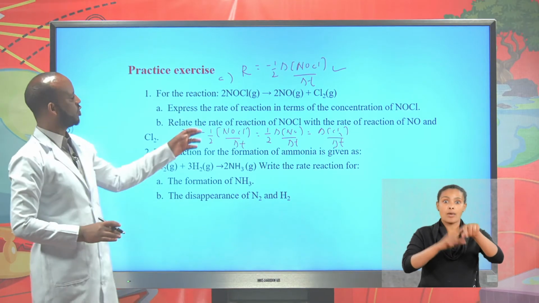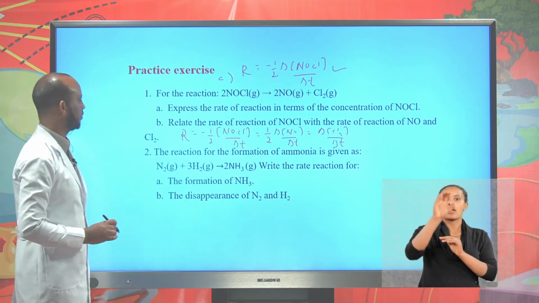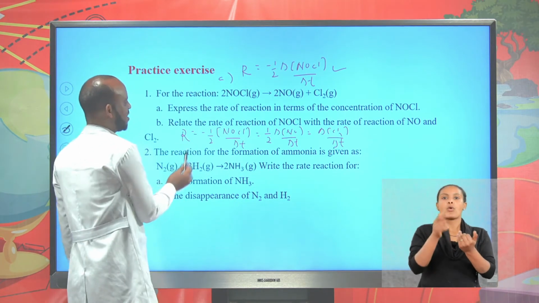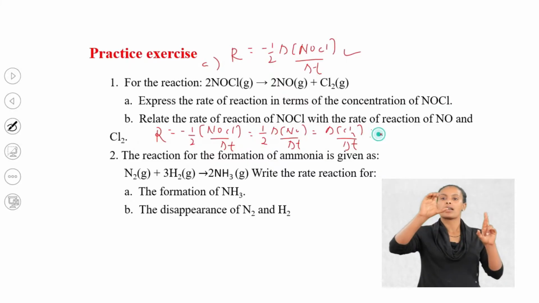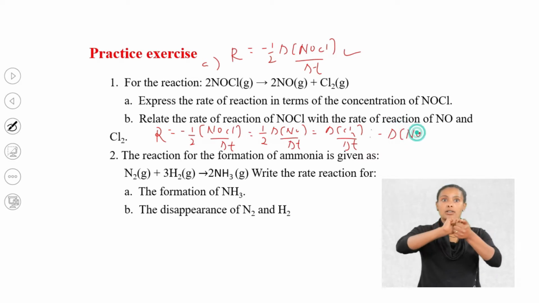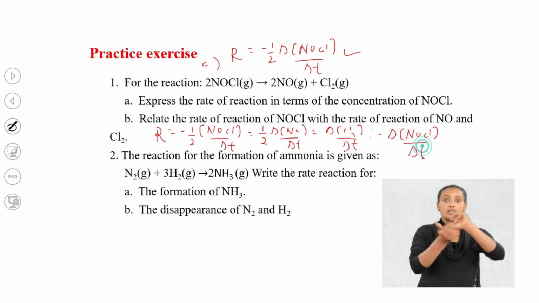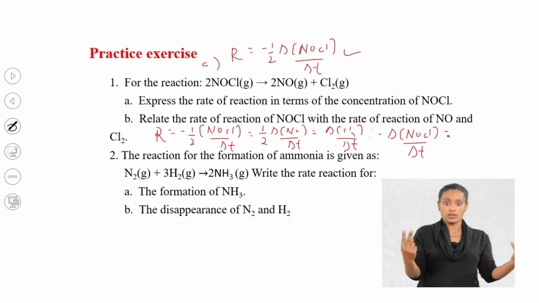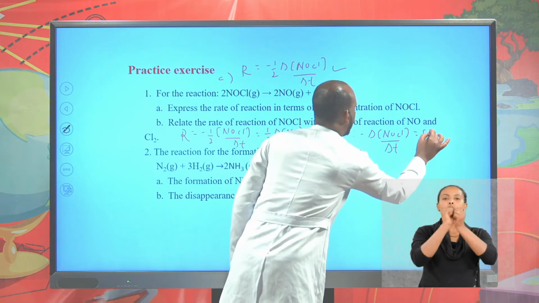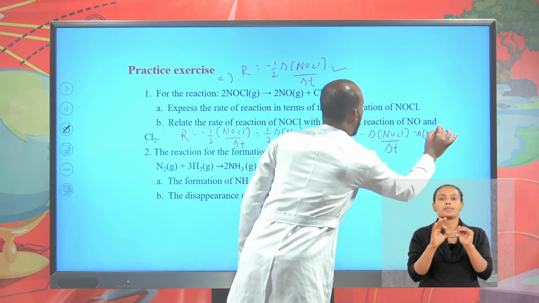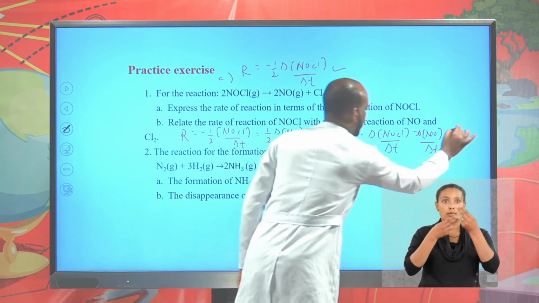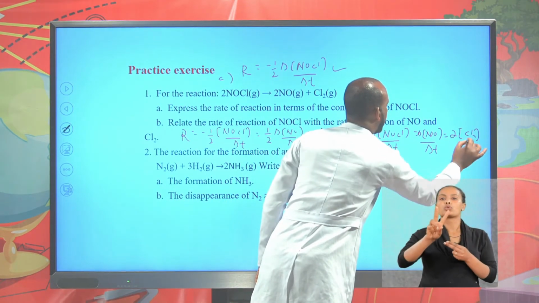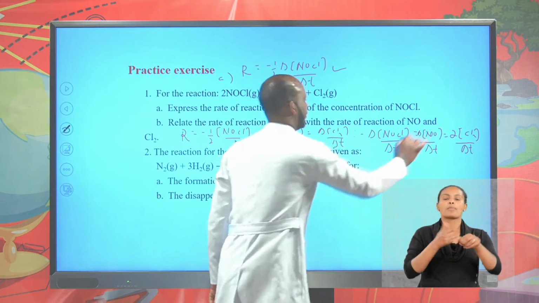Now the rate of the reaction in terms of NOCl is this, therefore minus change in concentration of NOCl divided by change in time equals, multiplying both sides by 2, change in concentration of NO divided by change in time equals 2 times change in concentration of Cl2 divided by change in time.